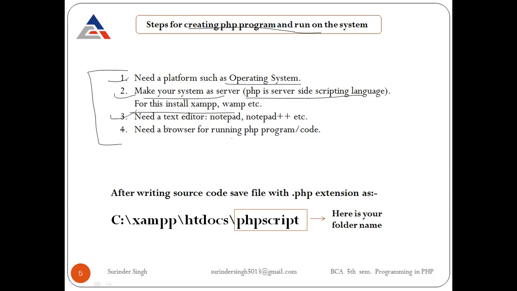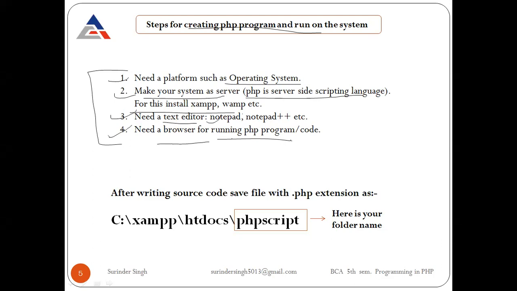And third, we need a text editor for creating PHP source code. For creating PHP files, we need a text editor like Notepad, Notepad++. Okay. Then we need a browser for running PHP code. Okay. We will access the PHP file from the browser, and that file will first run on the server.